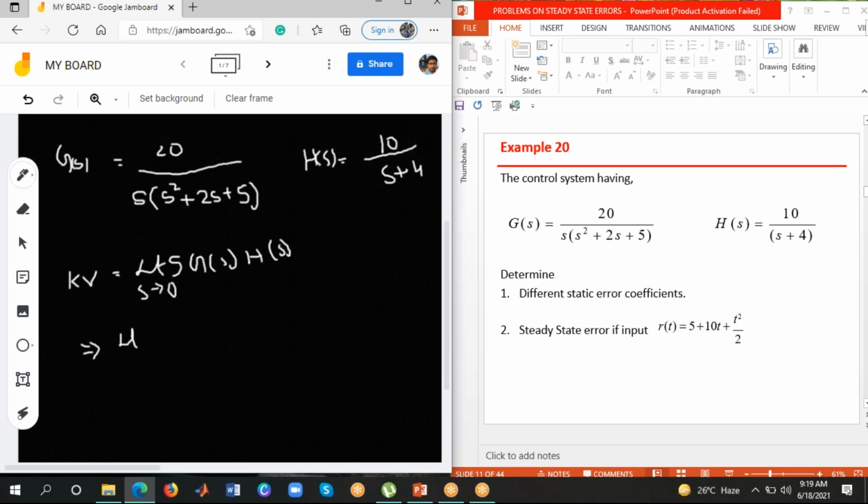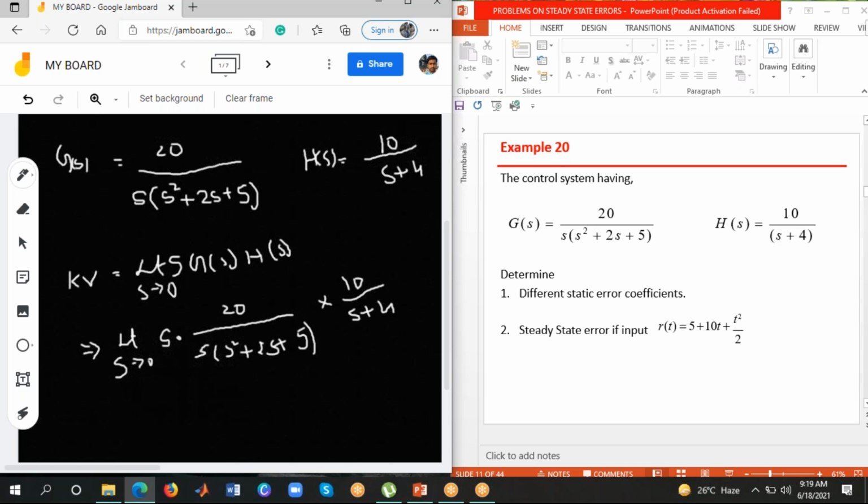Limit s tends to 0, s into 20 divided by s into s square plus 2s plus 5, into 10 divided by s plus 4.